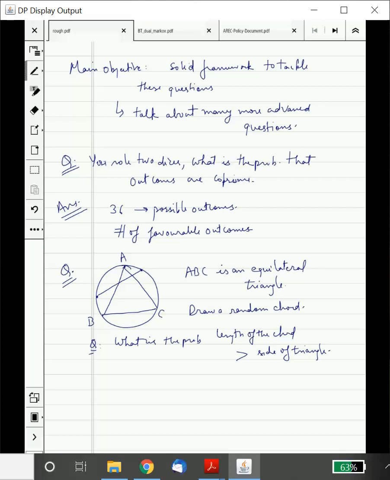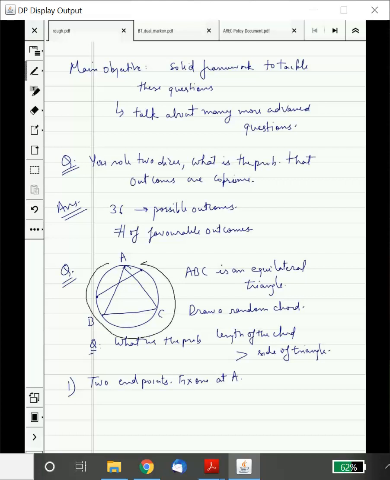I will just show you some of the approaches. Now the first approach could be that you pick two endpoints. Without loss of generality, fix one at A. And now the other point of this chord can vary from anywhere up to here.